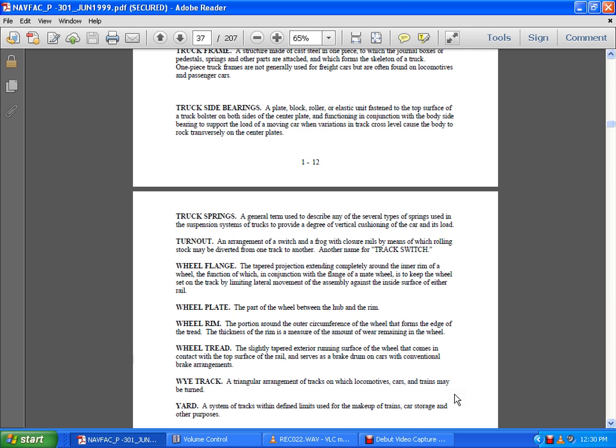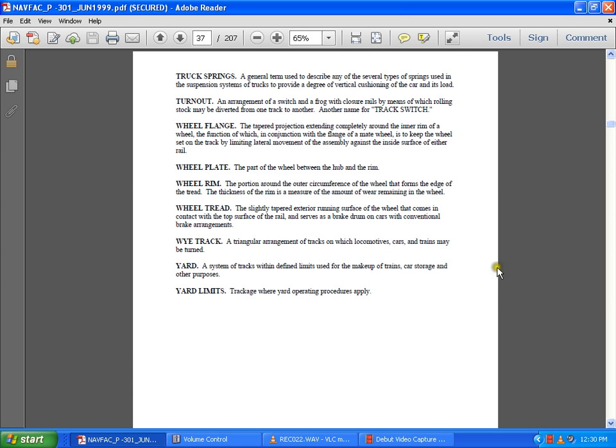The wheel tread is the tapered exterior running surface that comes into contact with the top surface of the rail and serves as the brake drum on cars with tread brake arrangements.